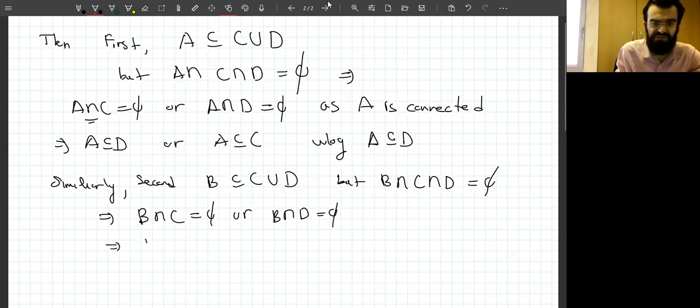So if this is empty, B is contained in D, or B is contained in C, respectively.